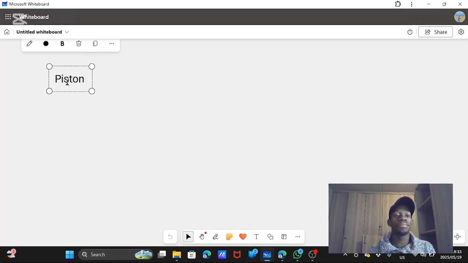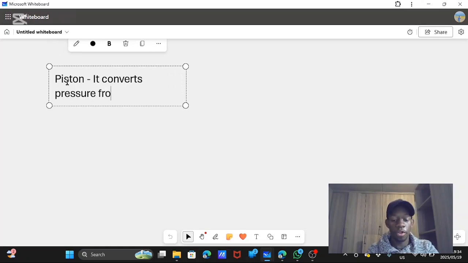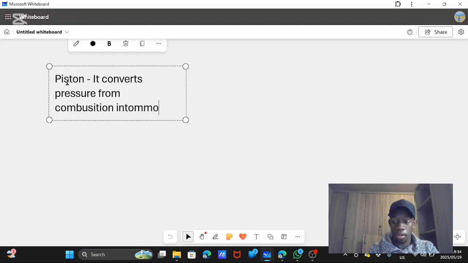I define it as it converts pressure from combustion into motion. That's how we define a piston. Converts pressure from combustion to motion.